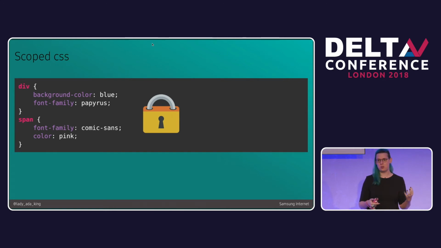So you don't have to do any horrible naming schemes to make sure your CSS doesn't pollute the rest of your page. You can write boring, normal-looking CSS, like div should be blue, span should have font family Comic Sans, and it won't make all divs in your page blue and change all your spans to Comic Sans. It's trapped in the component.